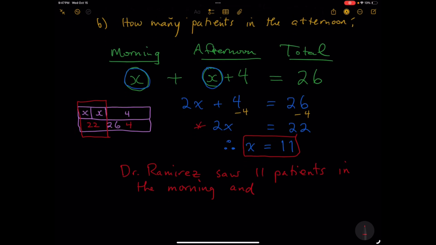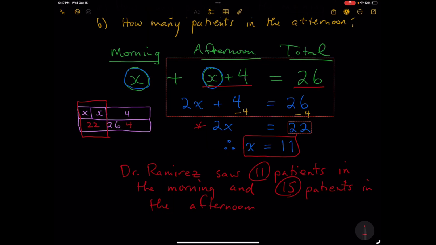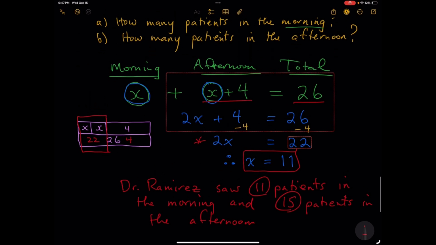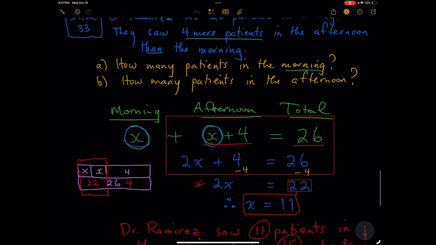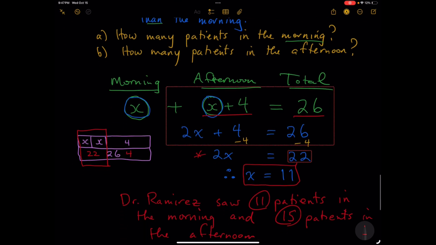The afternoon was x plus 4, so 11 plus 4 is 15 patients in the afternoon. And just as a little check, notice that 11 plus 15 does equal the 26, which we knew it would. All right, so that's word problem slide 33. Okay.